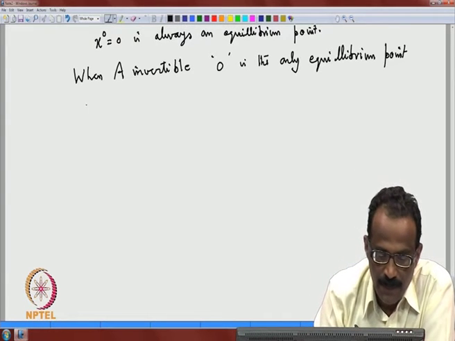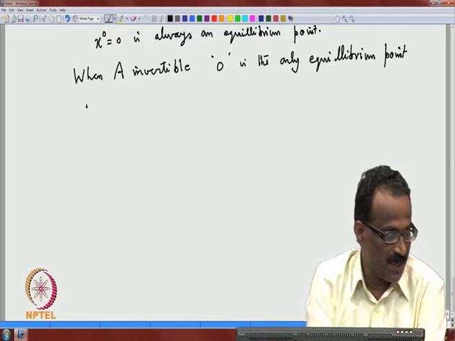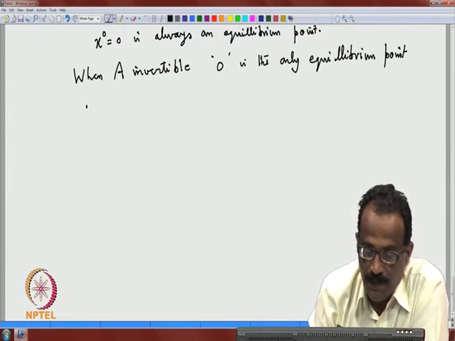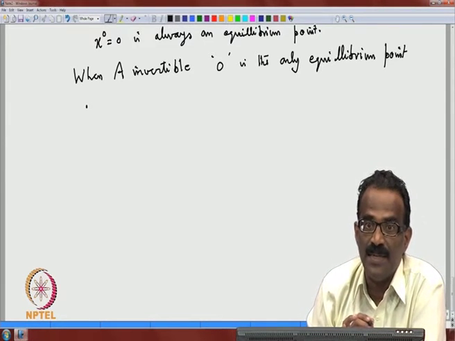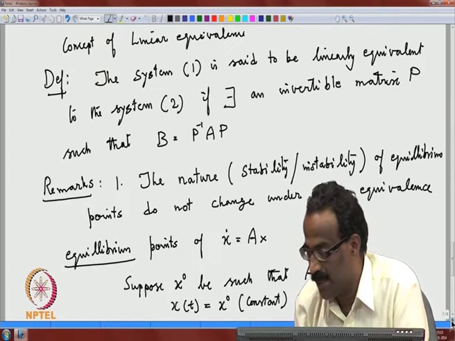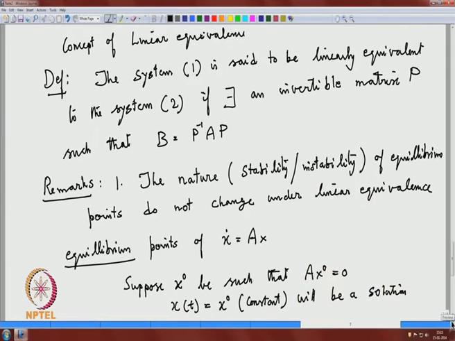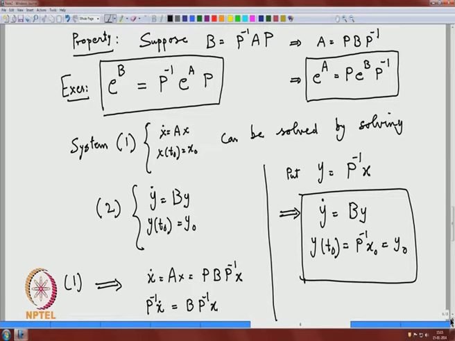the second point is about the change of variable. So basically we are making a change. If you go back to our earlier analysis, the previous transformation, you see this is a transformation we made to convert the system x dot equal to Ax to a system y dot equal to By.